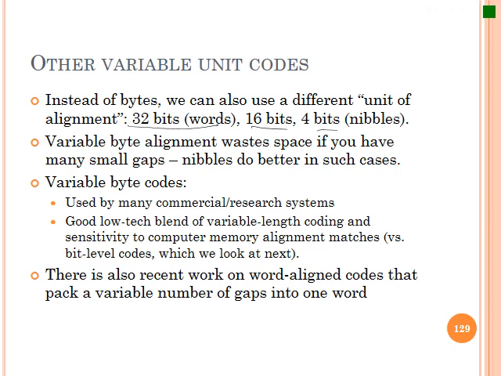Okay, with variable byte alignment, when we have many small gaps, right? In the case of many small gaps, you will use the nibble, 4 bits, instead of using the whole byte. Okay, so there are some recent works on word-aligned codes that pack a variable number of gaps into 1 word. Okay, but we're not going into that.